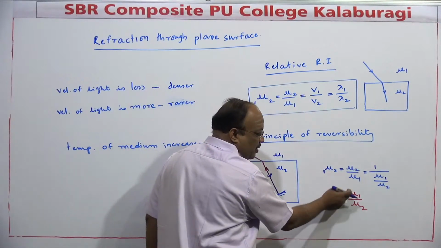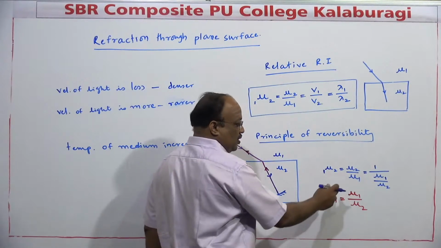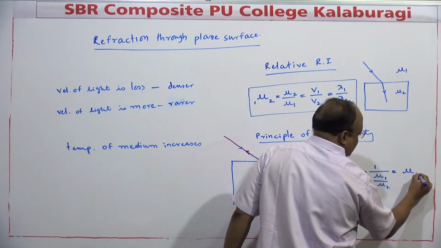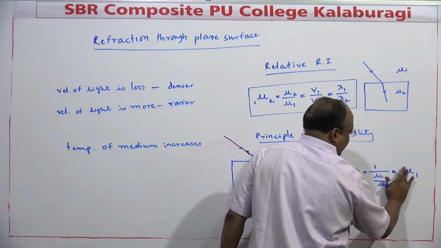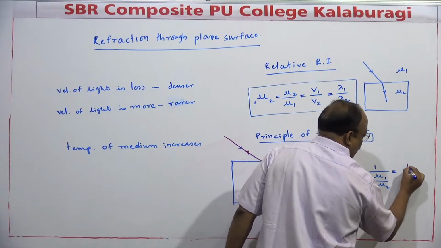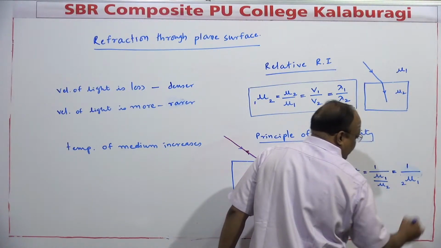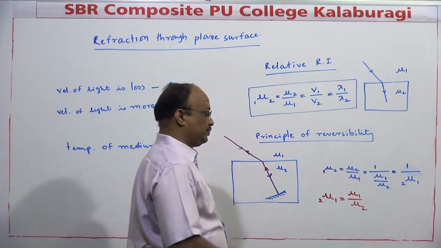What is this mu1 by mu2? Mu1 by mu2 is the refractive index of the first medium with respect to the second medium.